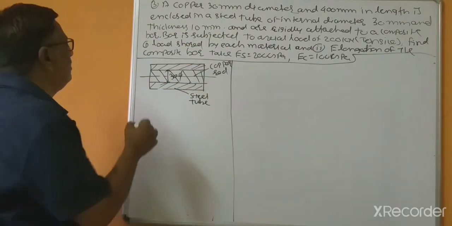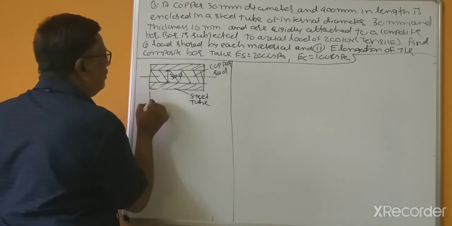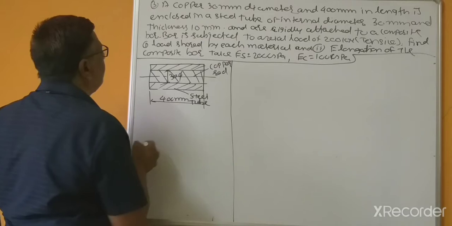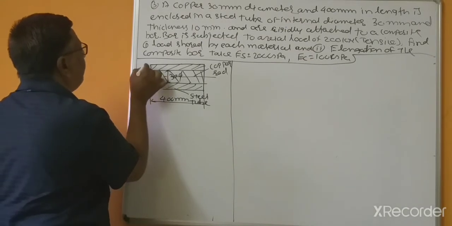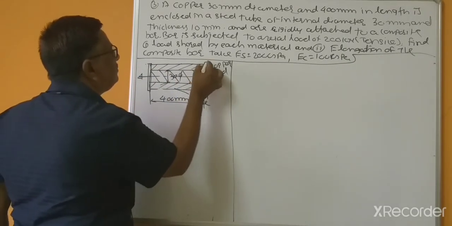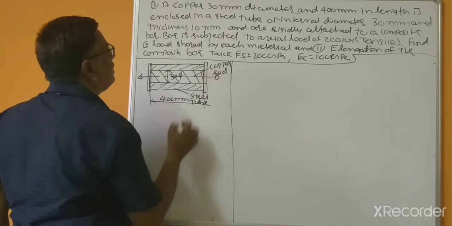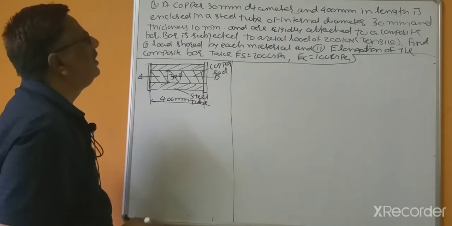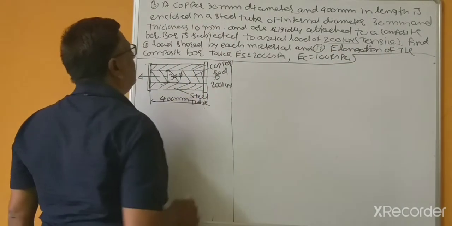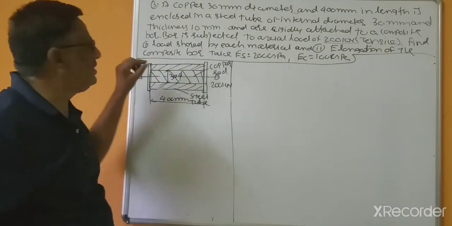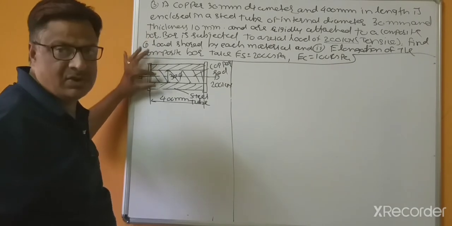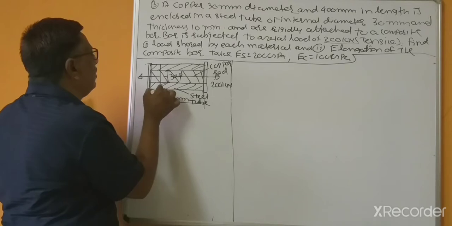This is 400 mm length, so this length equal to 400 mm. Now the force applied, suppose it is braced at both ends, and this force is 200 kilonewton. Now this 10 mm thickness means this thickness is 10 mm. So this 10 mm, this 30, and this 10 mm, that's why the external diameter becomes 50 mm.